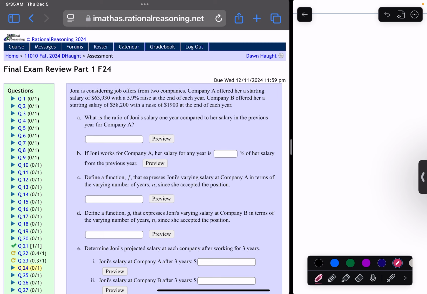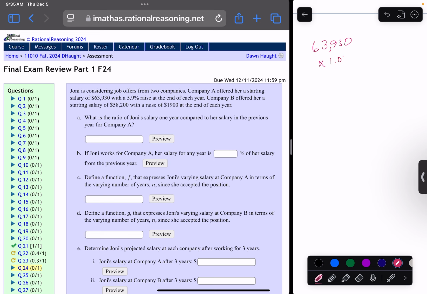Well, let's calculate what her raise amount would be. So if you take 63,930, now you can do this two different ways. You can multiply by 5.9%, 0.059, get the raise and add it on. But I like to do this little trick, add that to 100.